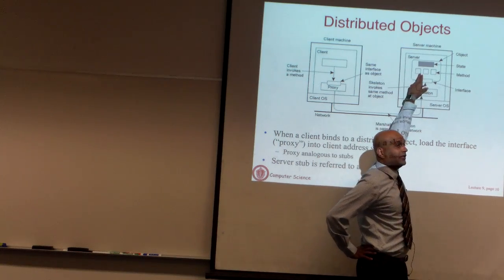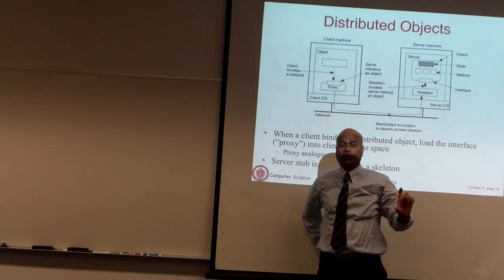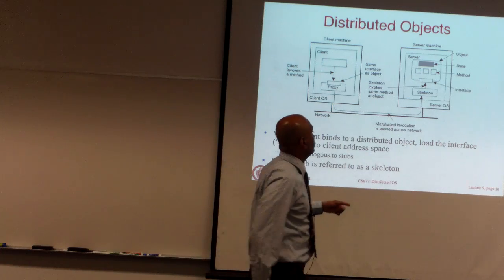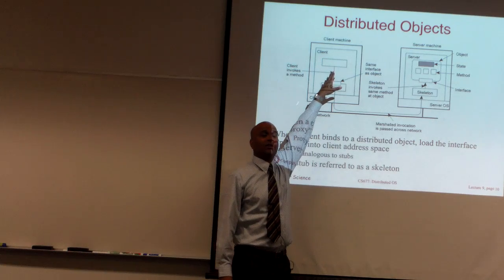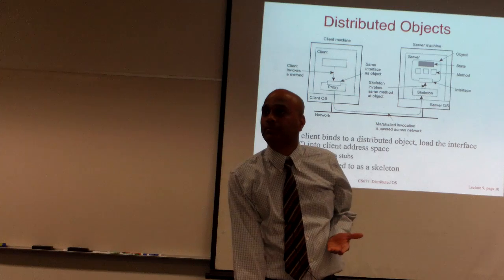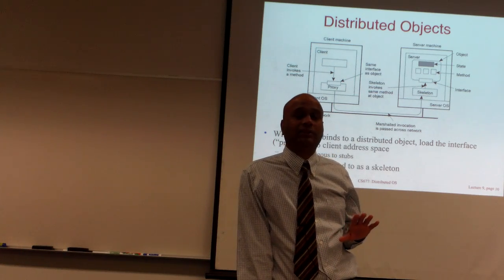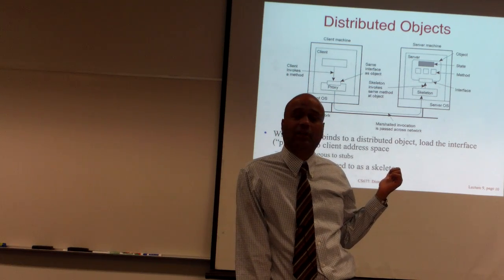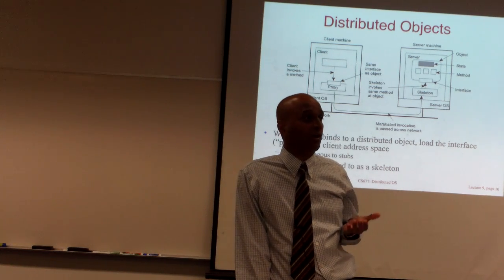That method will execute and generate some return results, which will then be sent back to the client, and then the client will be handed back those return results and continue execution. So that's how RPCs work as well, except that now we have extended this notion to calling methods on objects. In this case, the objects are remote, so you'll call these distributed objects rather than local objects.